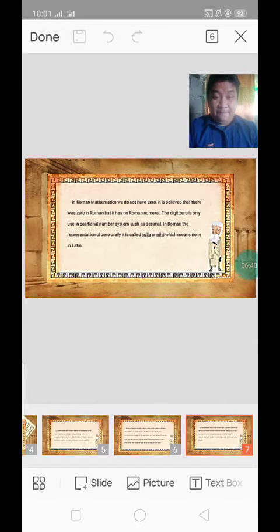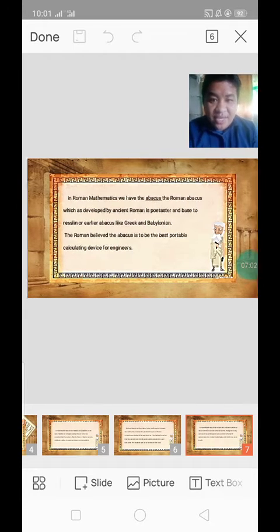In the Roman tradition, they did not use 0 because they believed that 0 is not for the Roman numerals, because 0 belongs to the decimal system.